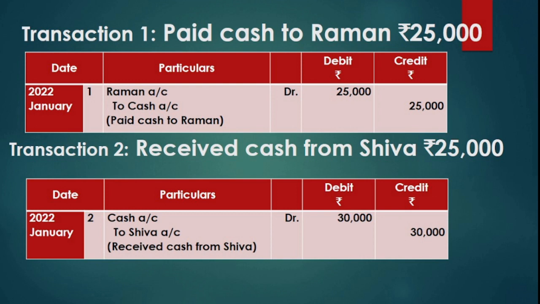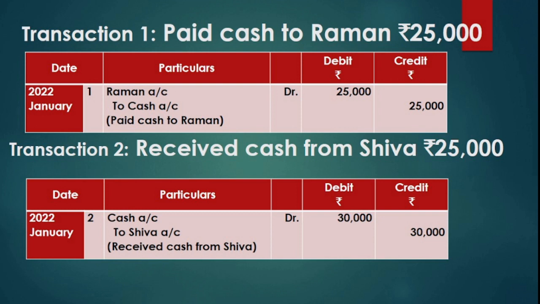In this transaction we have paid cash to Raman, and the cash goes out from the business. So according to the rules of real account, we should credit what goes out. Here cash goes out, so we should credit cash account. So this is narration.